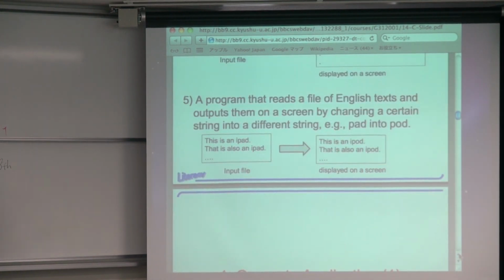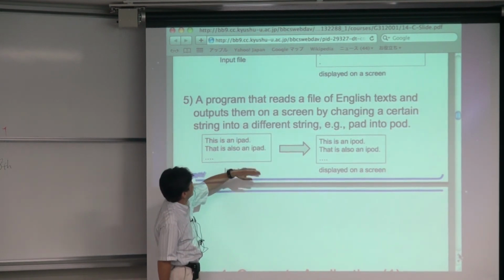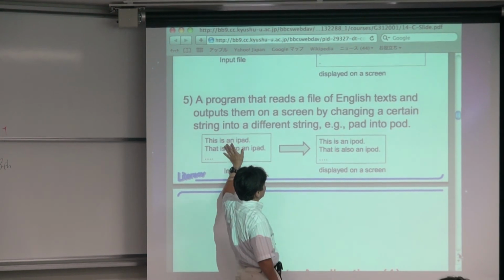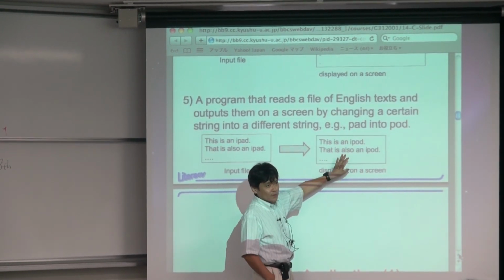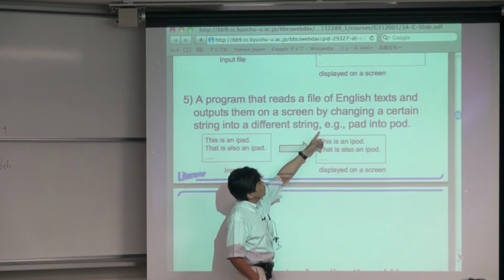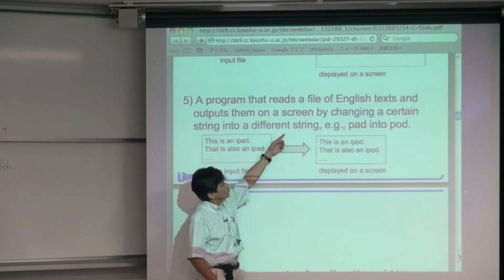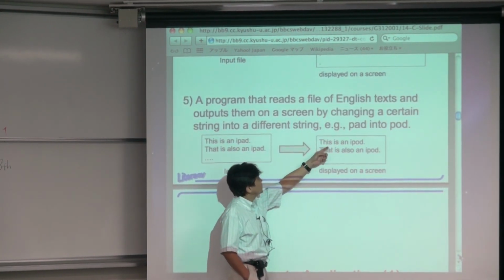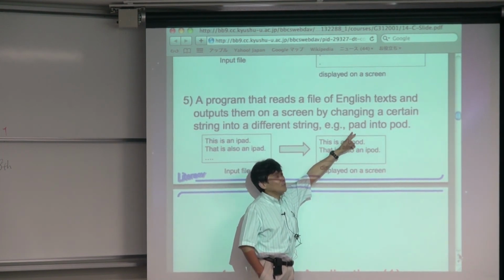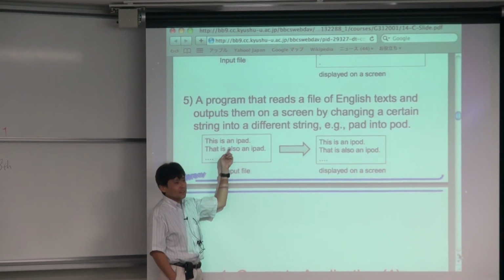So the final program reads a file of also English text like this, and outputs similar contents to the output file. However, as shown here, by changing a certain string into a different string. For example, the string PAD is located in this file.